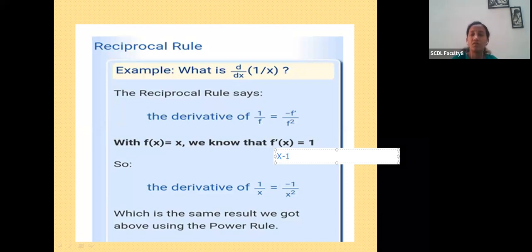So what answer will you get? The derivative of x raised to minus 1 is minus 1 times x raised to minus 2, and x raised to minus 2 means minus 1 upon x square. So you get the same answer. If you are using the power rule, then also it is possible, since 1 upon x is nothing but x raised to minus 1. By using this rule also, you can solve it, or use the reciprocal rule.